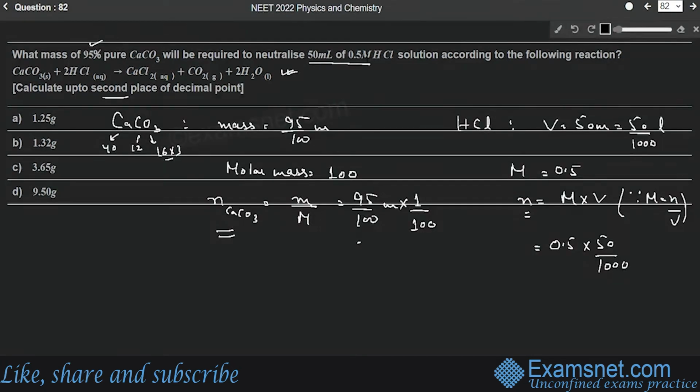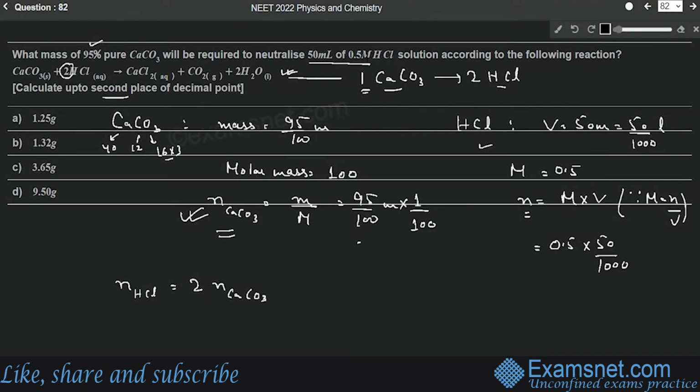Right. Now here if we look at this reaction, you will see that for 1 mole of calcium carbonate, 2 moles of HCl are required, right? 2 moles of HCl. That means if the number of moles of calcium carbonate is 1, then HCl will be 2. That means it will be doubled. So the number of moles of calcium carbonate will be half of the number of moles of HCl, or we can say that number of moles of HCl will be double the number of moles of calcium carbonate according to the given reaction.